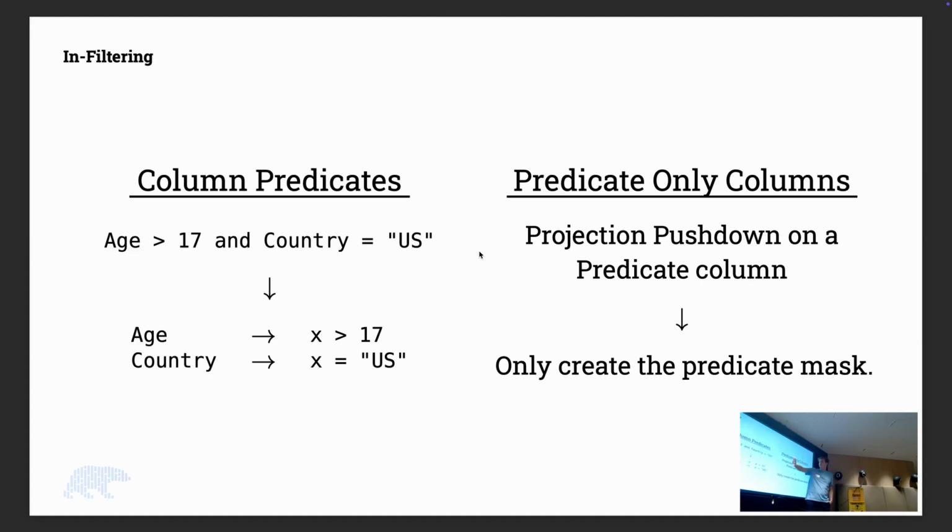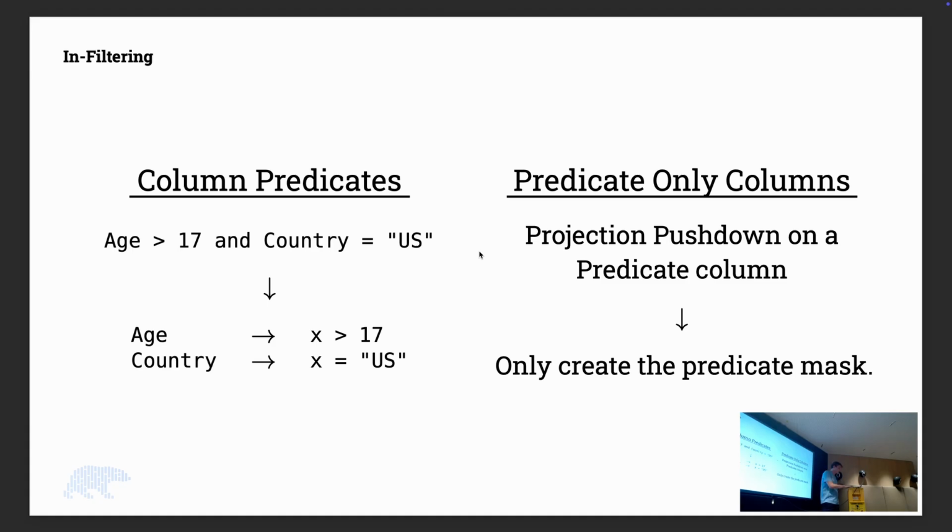apply two extra principles. So first we're going to take our predicate and split it into tiny little column predicates where we kind of ignore the name. We just want to know, okay, what are we doing here? And then the second thing is having a predicate column doesn't necessarily mean that you also want to load it into memory. Like you might have some column that you only want to filter by, but you don't actually use the value of afterwards anymore, right?